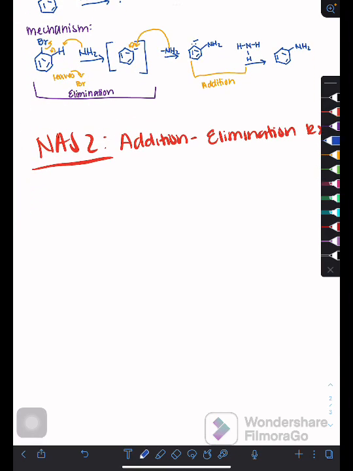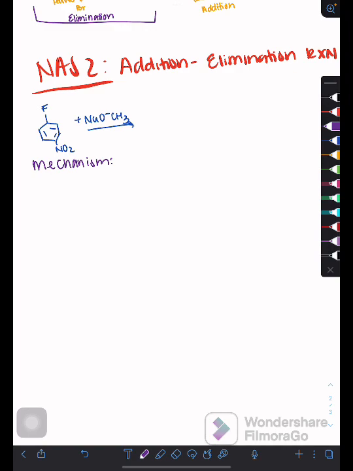So if we have this substance, for instance, with negative OCH3, what would we get? Show the mechanism here. Also forgot this NO2 right there. Once again, draw it out.